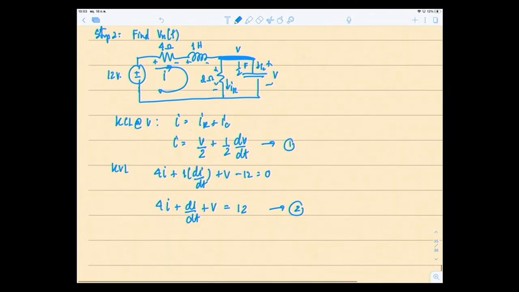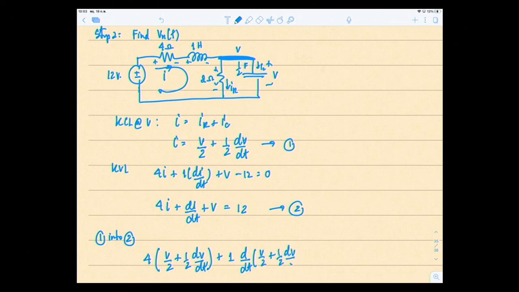Voltage V. So I'm going to substitute equation 1 into equation 2, right? So I would have 4i, which is V over 2 plus a half dV/dt, plus 1 di/dt of V over 2 plus a half dV/dt, plus V equal to 12.